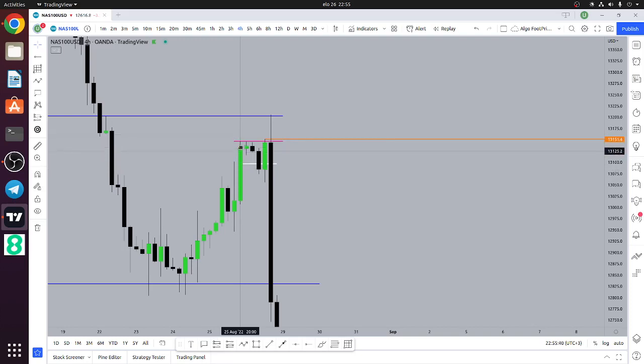And this is yesterday. We open today, we make equal highs. This candle at 12 o'clock takes out these relatively equal highs.